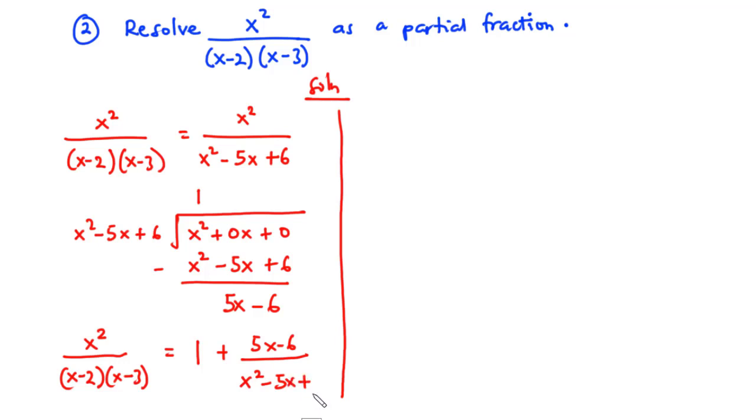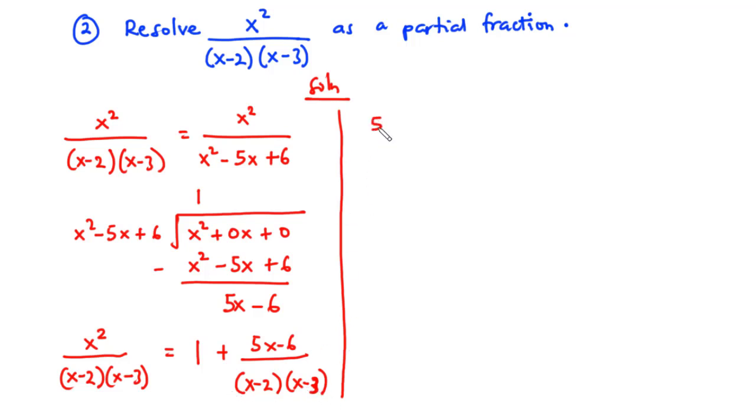Now in place of x squared minus 5x plus 6, we can simply write x minus 2, x minus 3, which are the factors. Now we've been able to resolve the improper partial fraction in the proper form. So we are going to deal with 5x minus 6 over x minus 2 times x minus 3.